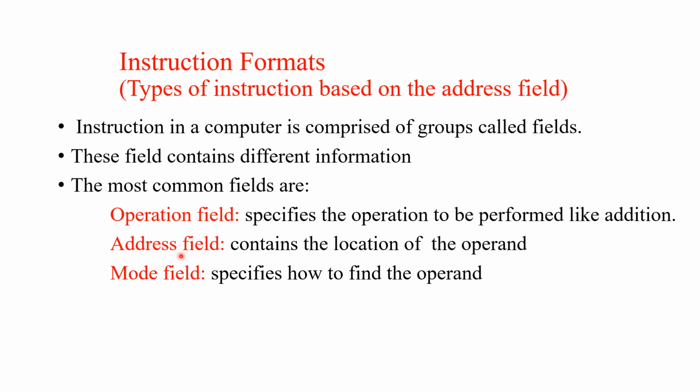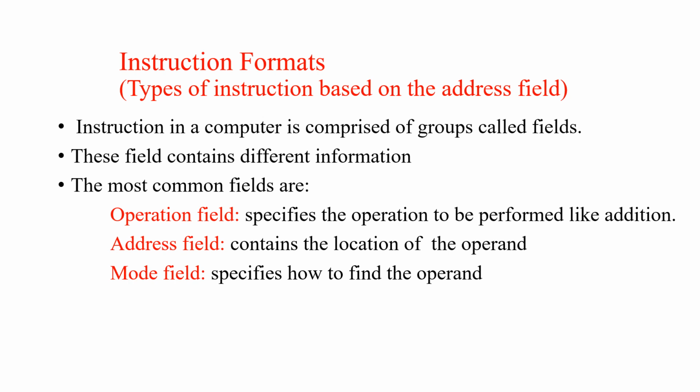Address field: the address field contains the location of the operands that the operation will act upon. This can refer to a specific memory address or a register within the CPU, allowing the processor to retrieve the necessary data for computation. Mode field: the mode field specifies how to find or access the operand.